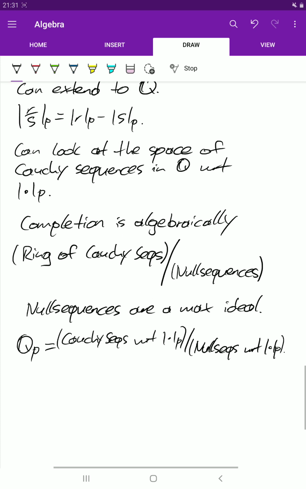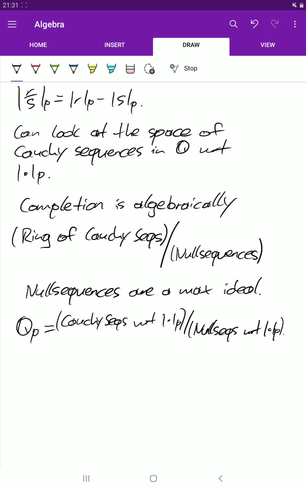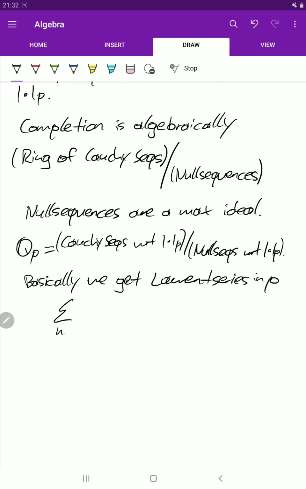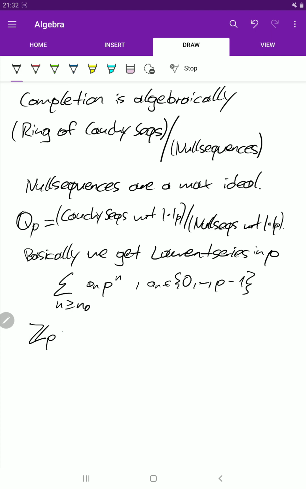And this field is basically Laurent series in P. This means series of the form sum over n greater than or equal to n naught of a_n p to the n, where a_n is in 0 up to p minus 1, and we have subrings, Zp, which are the power series, and that's what we've considered before.